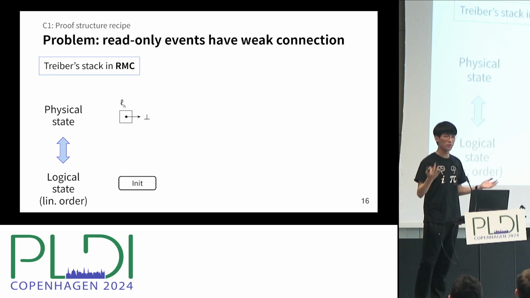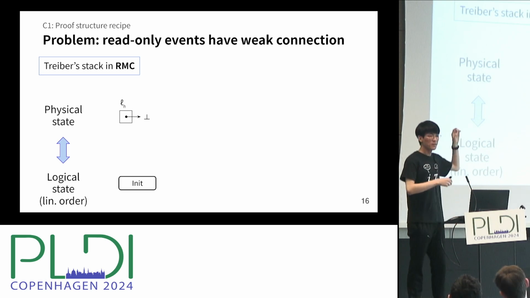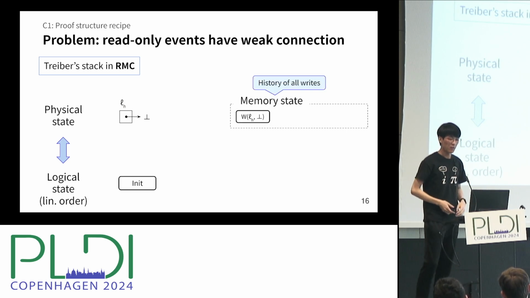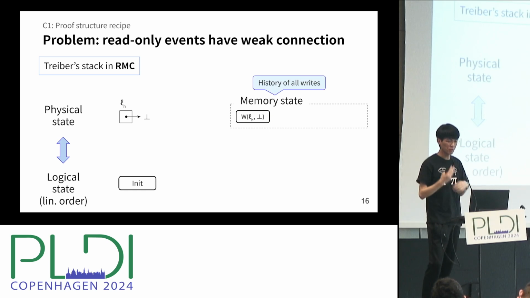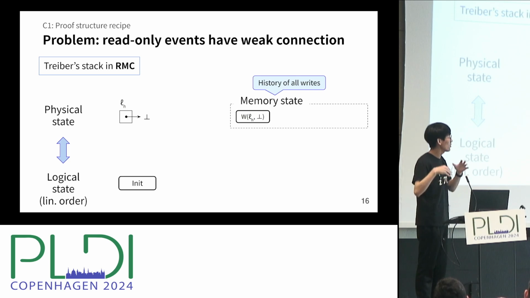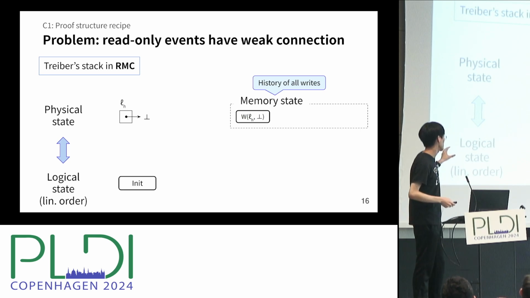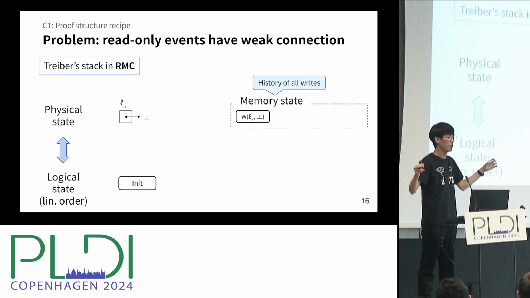Now, we are going to consider the same example, but now in relaxed memory consistency. The high-level proof structure is the same. We are going to construct some kind of connection between physical state and logical state as we did before. However, the physical state is a little bit more complex than in the sequential consistency case because we have to remember the history of all writes to the memory. The logical state is also complex because we have to remember the linearization order of all the events that have happened so far.